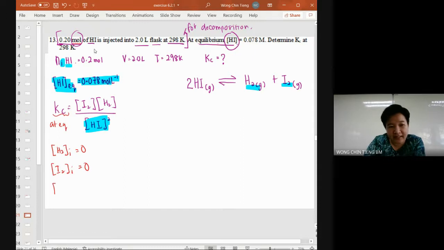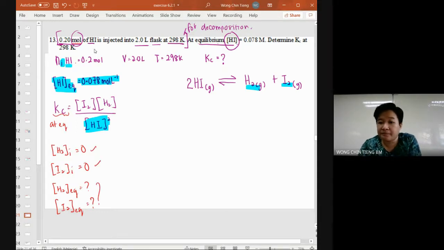Tapi saya nak cari H2 equilibrium. Saya nak cari I2 equilibrium. Sebab tu kita akan buat ice table. Saya ada initial, saya nak cari equilibrium. So ice table, maksud ice is actually initial, change, and also equilibrium. Agree?